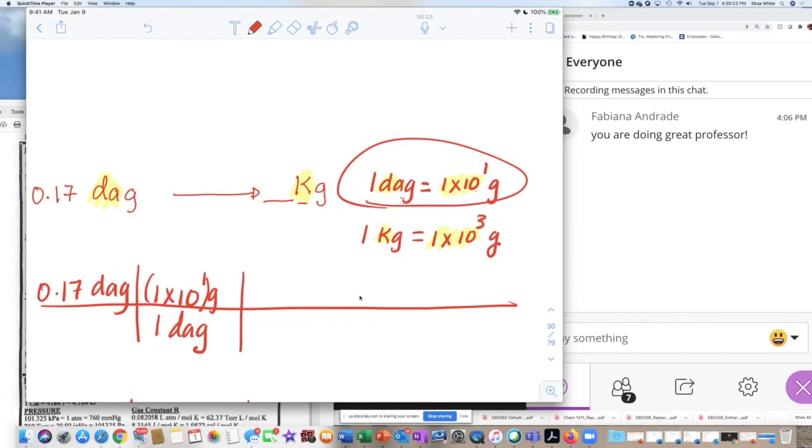Next conversion, I get to use this one here. So DAG cancels out with DAG, DAG and DAG is gone. And then since my next dominant unit is grams, I get to use that next. So I put the 1 times 10 power 3 on the bottom, grams right here, and 1 kilogram right here.